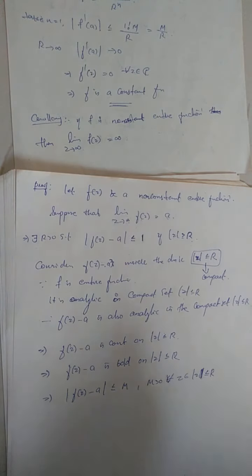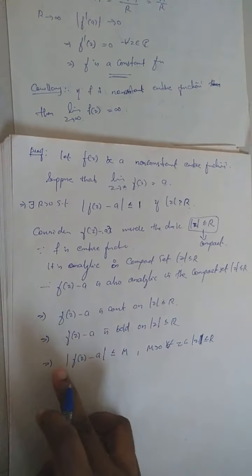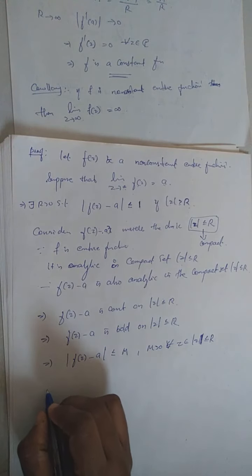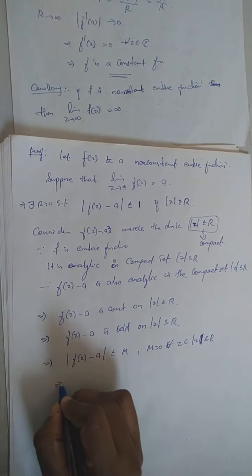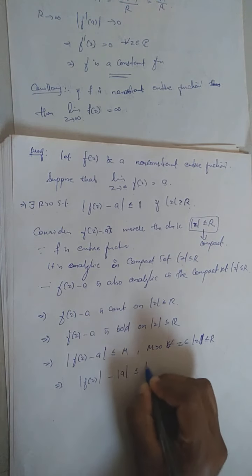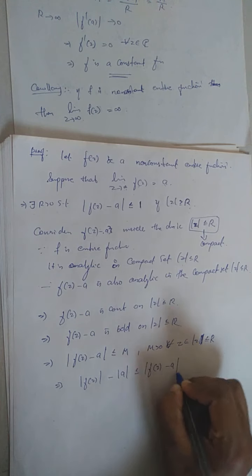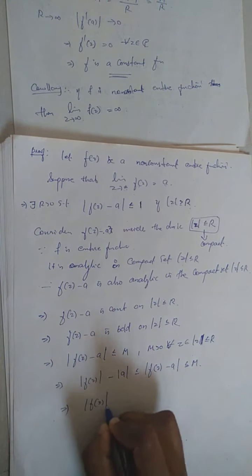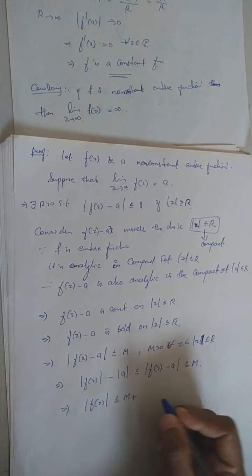Okay. Just applied the definition of boundedness. Okay. So which implies mod f(z) minus mod a is less than or equal to modulus of f(z) minus a, that is less than or equal to capital M. So which implies modulus of f(z) is less than or equal to M plus mod a.